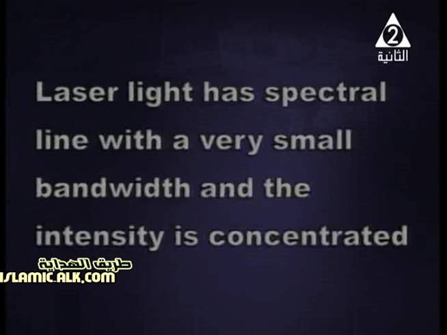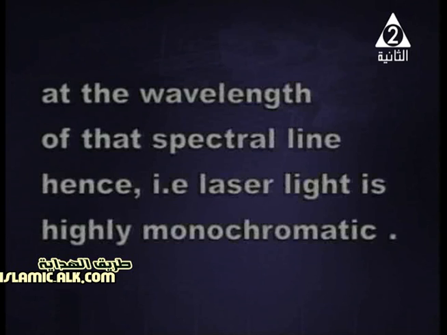Laser light has a spectral line with a very small bandwidth, and the intensity is concentrated at the wavelength of that spectral line. Hence, laser light is highly monochromatic. Monochromaticity, we call it purity of spectrum. So we can say laser has high purity of spectrum.